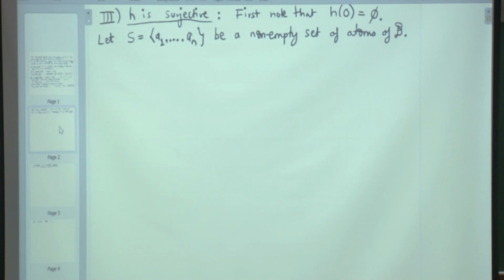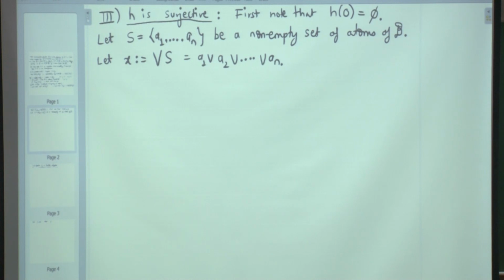Union doesn't make sense. So let x be the join of S, which means A1 join A2 join ... An, and we are going to claim that H of x is equal to S.